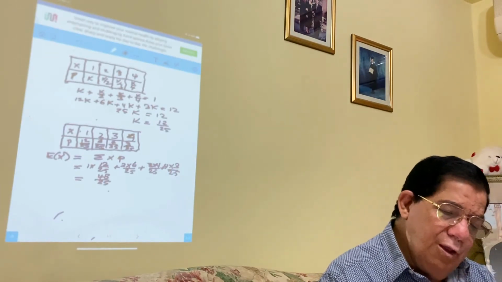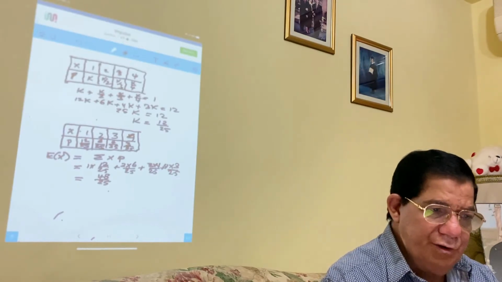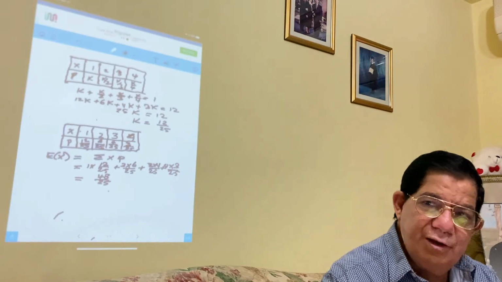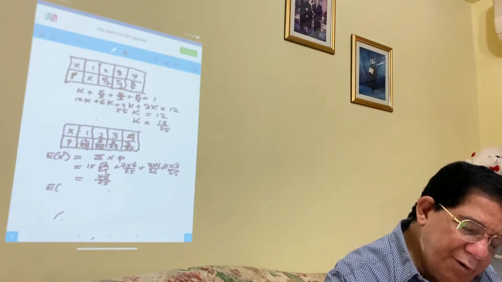Right. We are going to find the value of the variance. To get the variance, we get the value of E x squared.